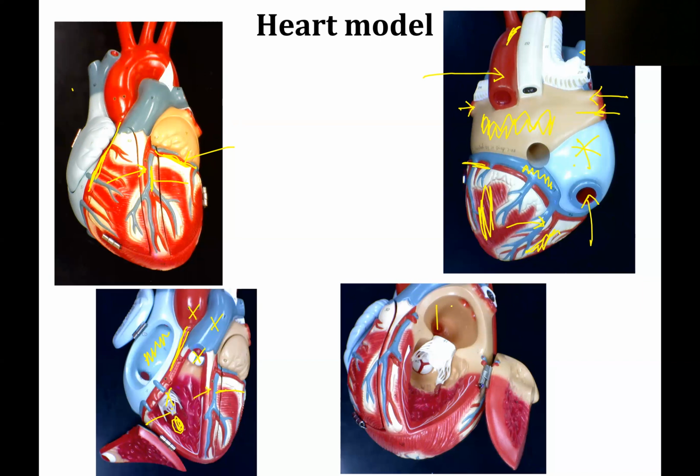Over here, you see the inside of the left atrium, the bicuspid valve, and then the aortic valve way up there in the middle. So in the model, it's harder to see the aortic valve. Again, great cardiac vein, left coronary artery.